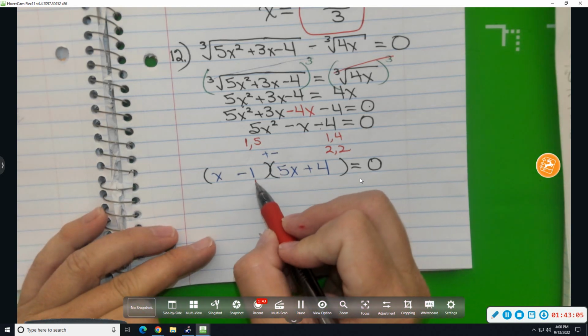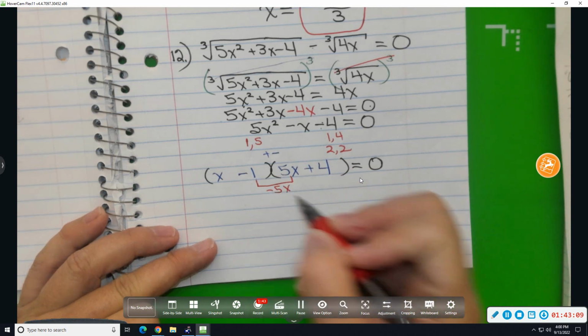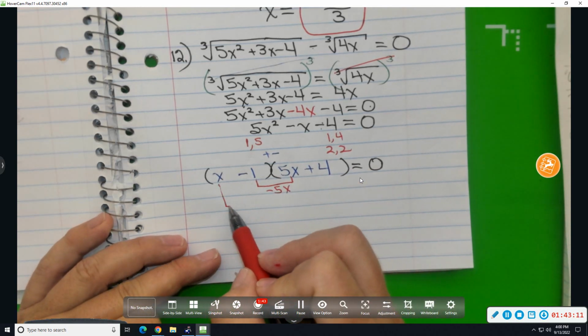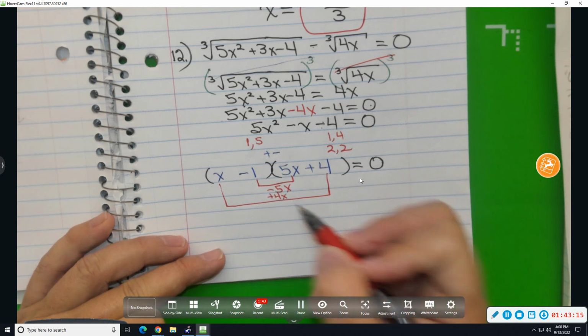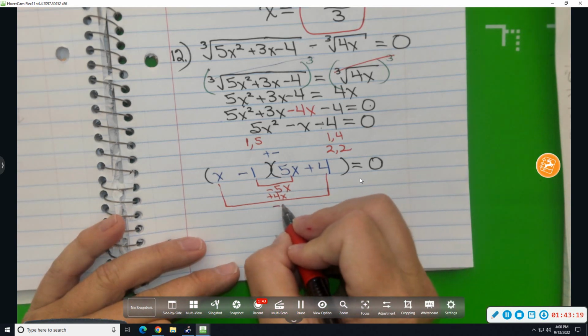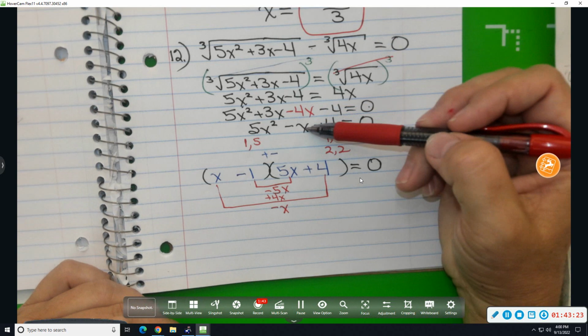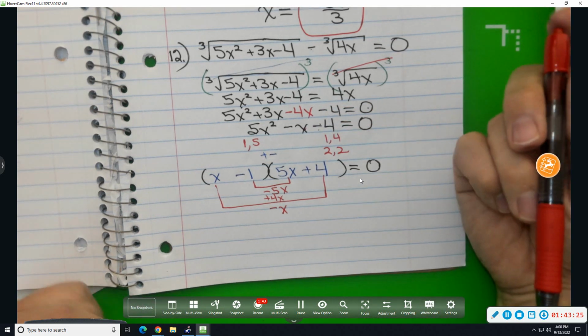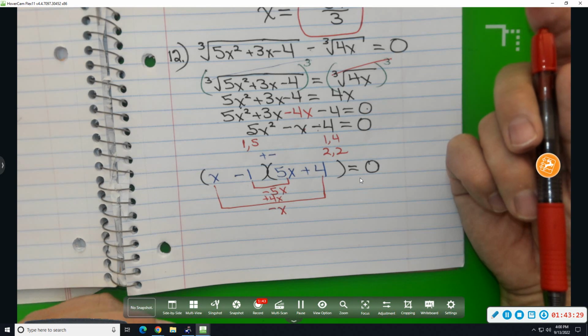The inner is a negative 5x. What's the outer product? Positive 4x. Negative 5x plus 4x gives us a negative 1x. Is that what we needed? Yes, it is.